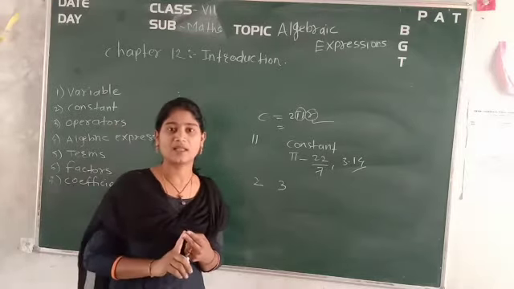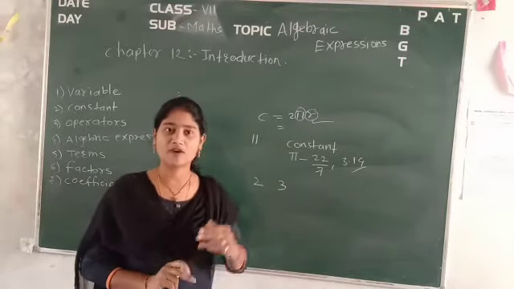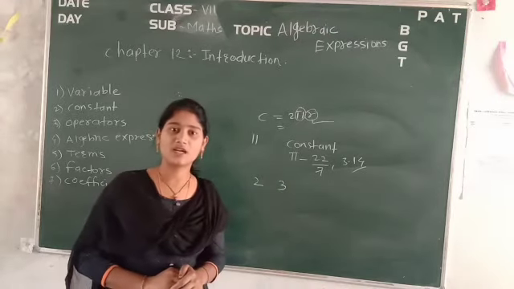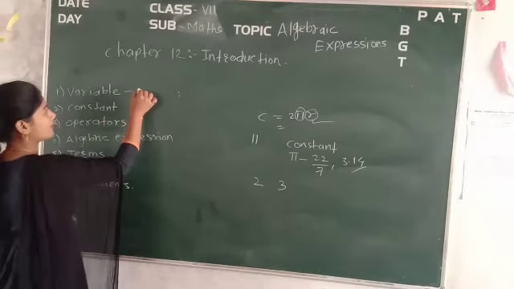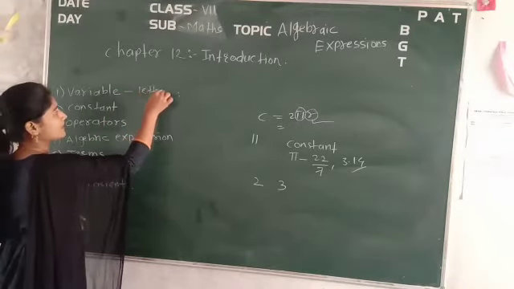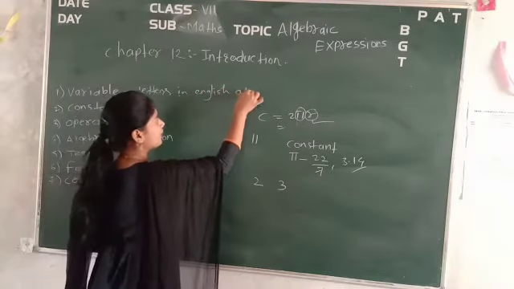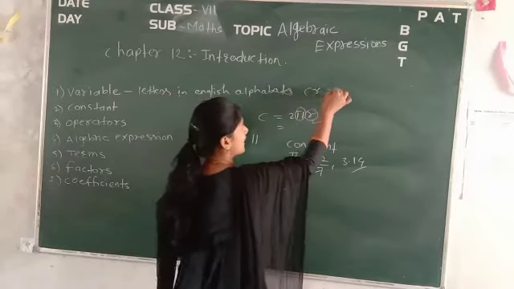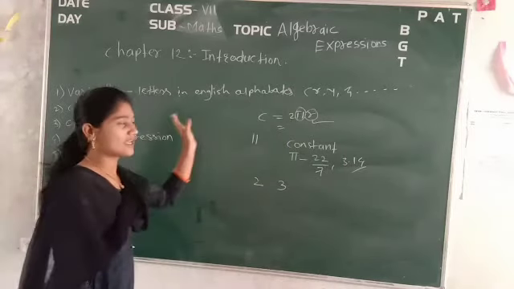In mathematics, whatever fixed things are there, we call them constants. And the things that vary according to the equations, we call variables. So these are the two terms that you have to remember. One is a variable: you can consider the letters of the English alphabet as variables, like x, y, z, etc. Whatever you want, you can consider any variable.